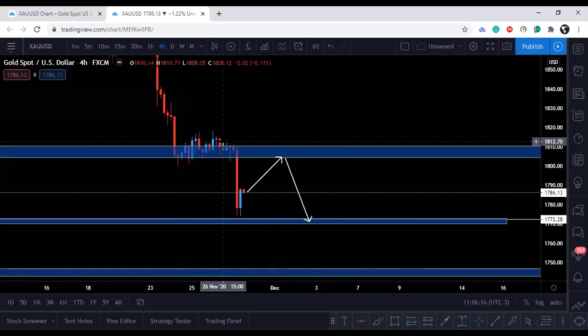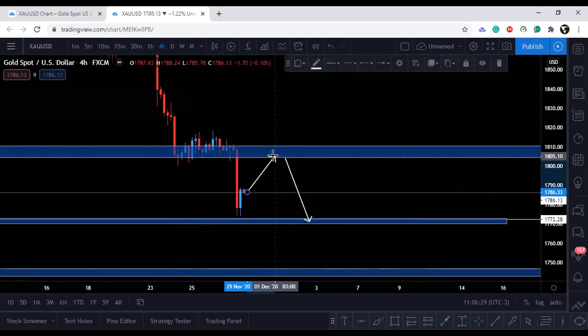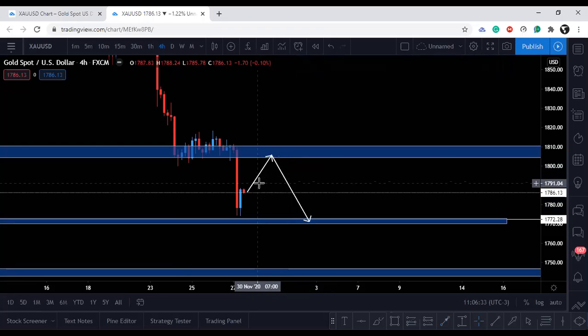If price breaks the high side, 1815, 1820, then we can go for the buy option. But the possibility of breaking the structure on the high side is very low. But gold is gold, anything is possible. Gold can do wonders. Yes, that's right.